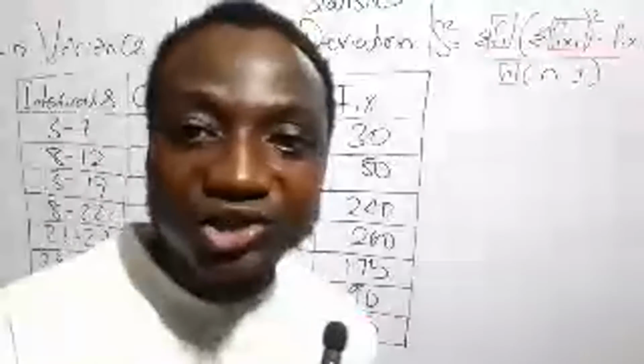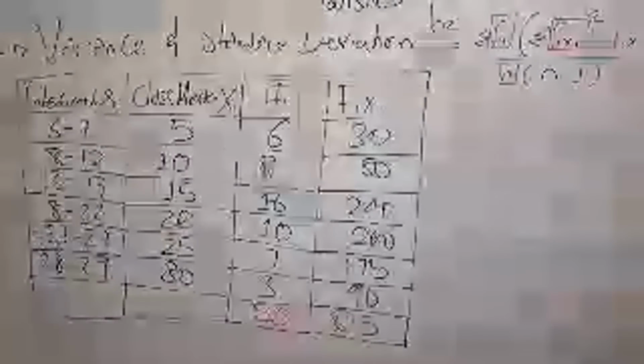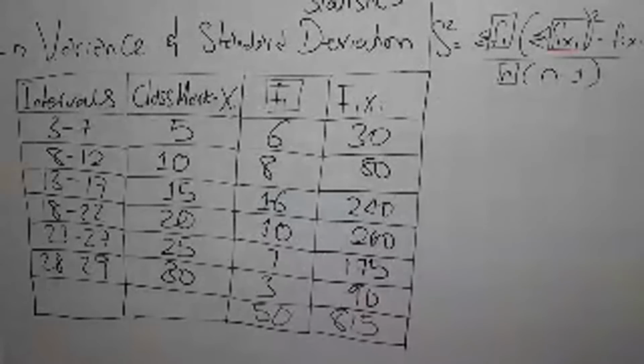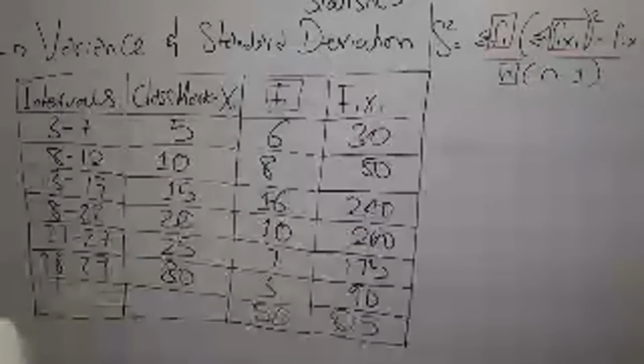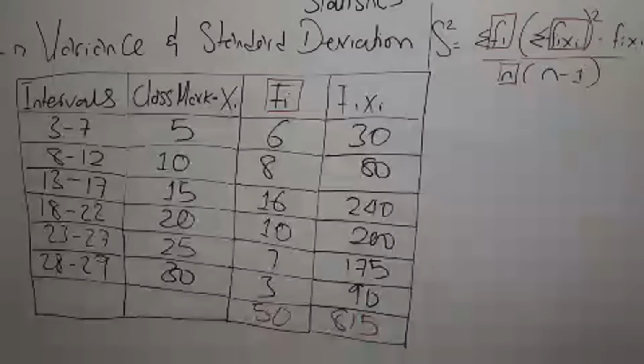Sir, can we check our intervals for 28 to 29? Okay, let's check. 28 to 29. What do we have? Let me check, please. Okay, Miss Deborah is also asking a question.